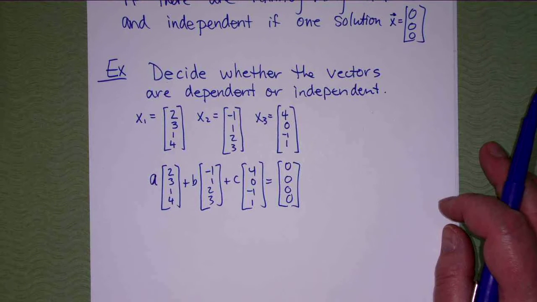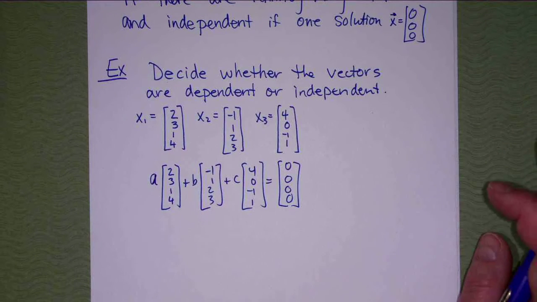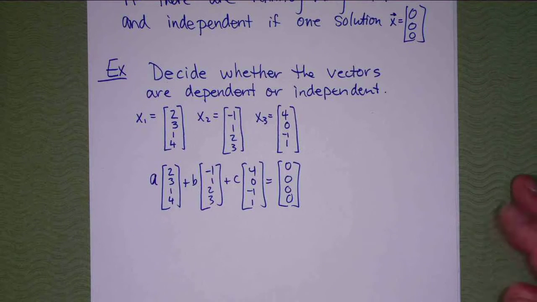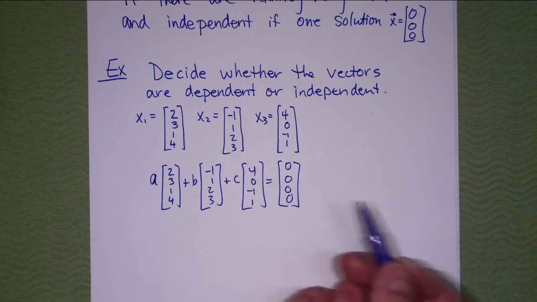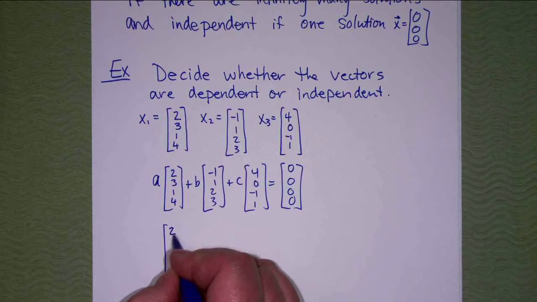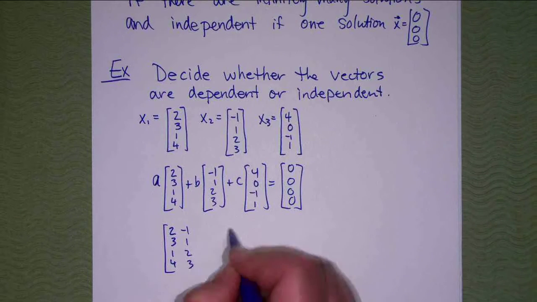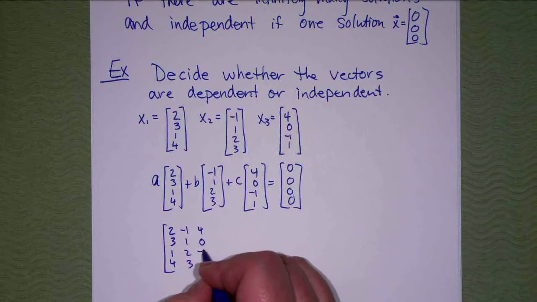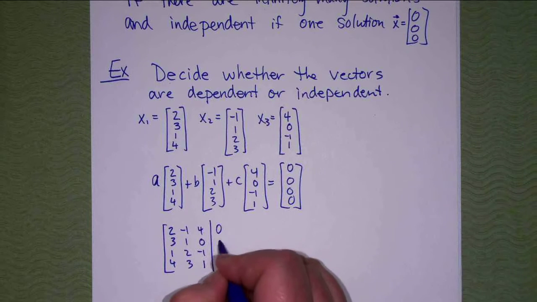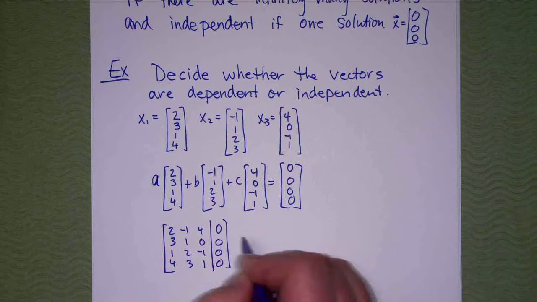So it's not as easy as just saying that. So now we actually have to do something to check. So this is just a system. It's a system of equations. 2, 3, 1, 4, minus 1, 1, 2, 3, 4, 0, minus 1, 1. And we would row reduce it.